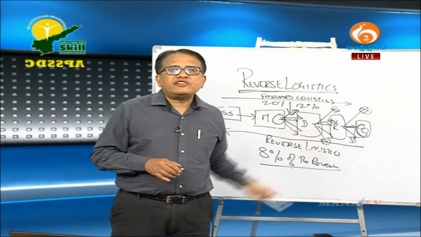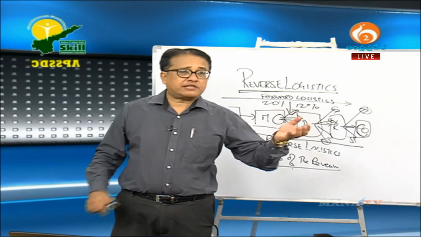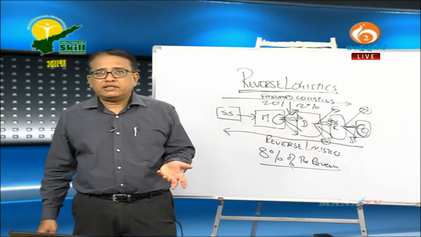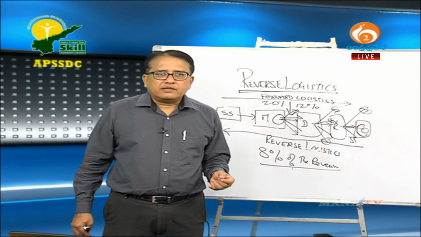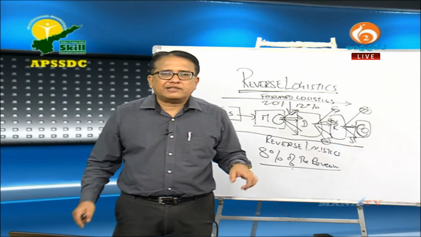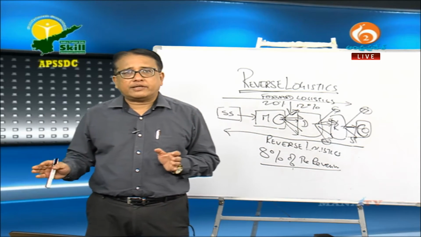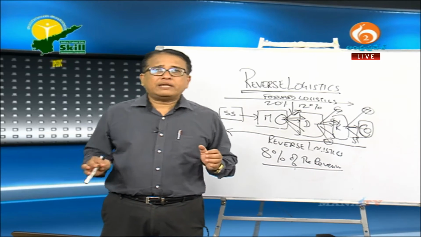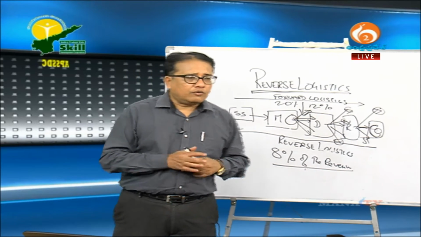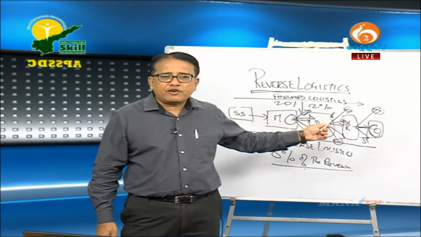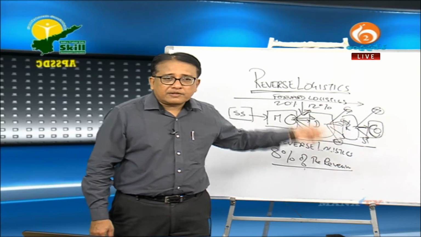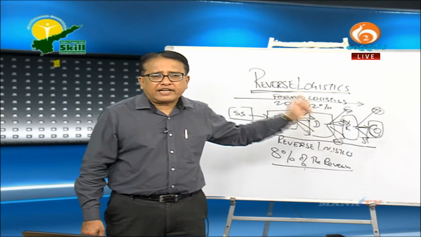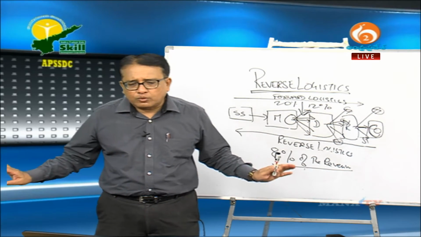Now, all these 10 shipments may not have the same packaging because it is being handled by the customer differently. Some would have totally torn away the packaging material, somebody would have disposed of the packing material, somebody would have retained the packing material, somebody may not have opened the packing material. So, while the packaging material was uniform, in the 10 returned shipments the packaging of all the 10 items is different from one another.